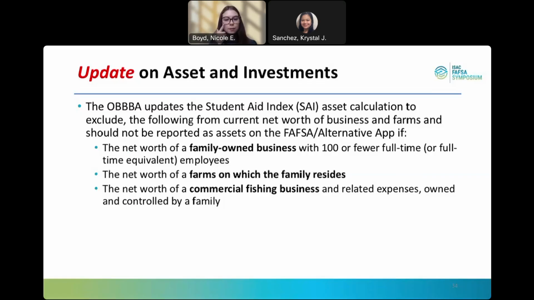If they have a family-owned business with 100 or fewer full-time or full-time equivalent employees, if it is a farm on which the family resides, or if it is a commercial fishing business, as well as those related expenses owned and controlled by the family. So in any of those cases, they would not report the net worth of that business or farm.